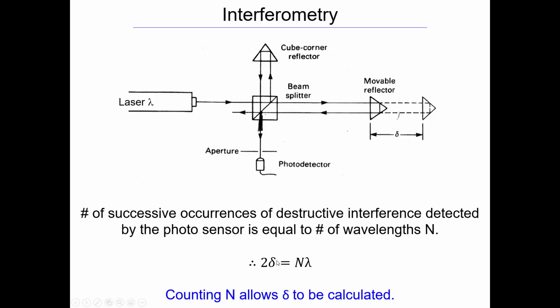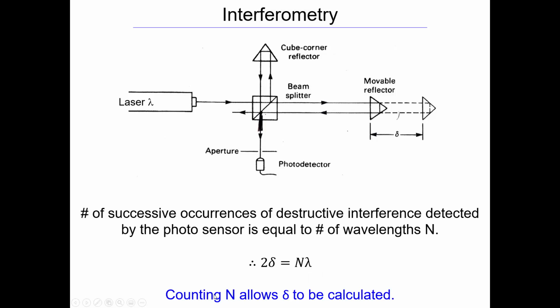And that is the case. So based on that knowledge, we come to this equation. It might be easier for you to comprehend this if you have delta is equal to the number of those pulses times the wavelength divided by 2, right? Because the light is covering that distance twice.